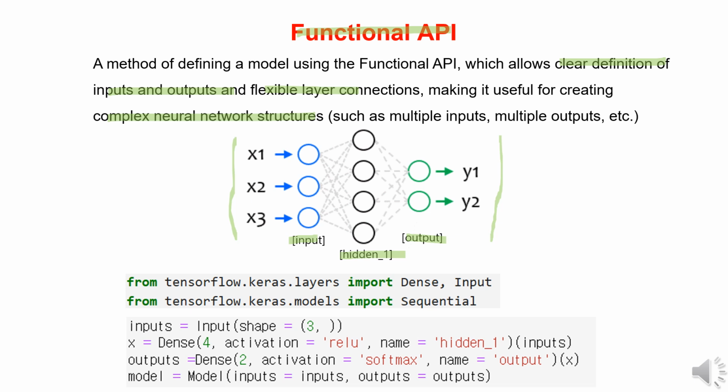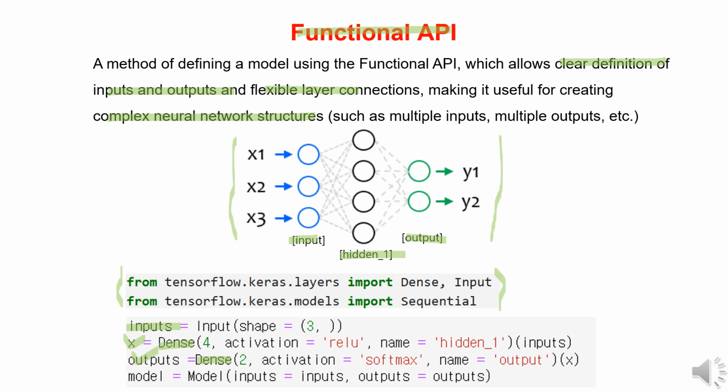First, we import the Keras library, and then define the input layer and store it in the inputs variable. Next, we define the hidden layer using the dense layer and store it in the x variable. Finally, we define the output layer using dense again and store it in the outputs variable.